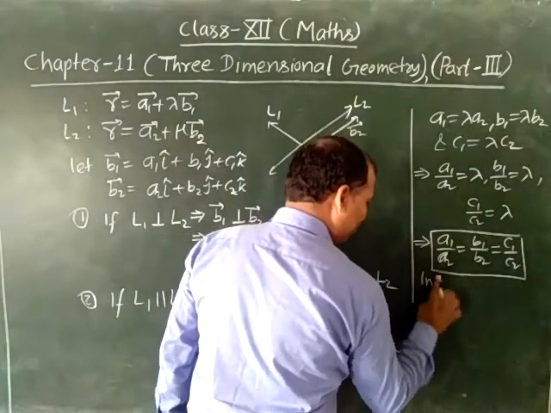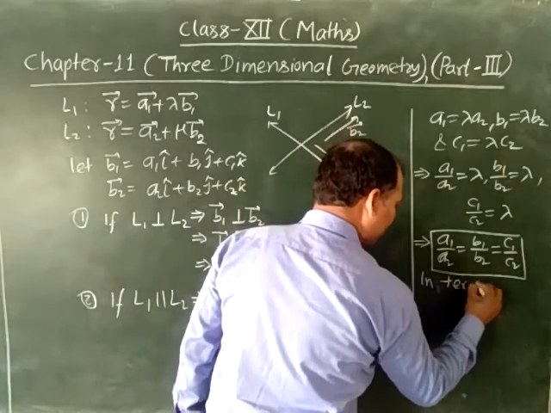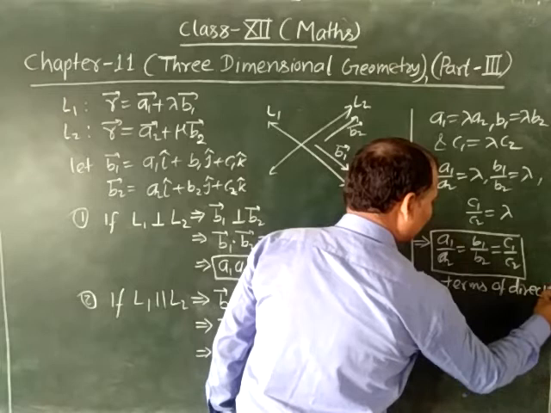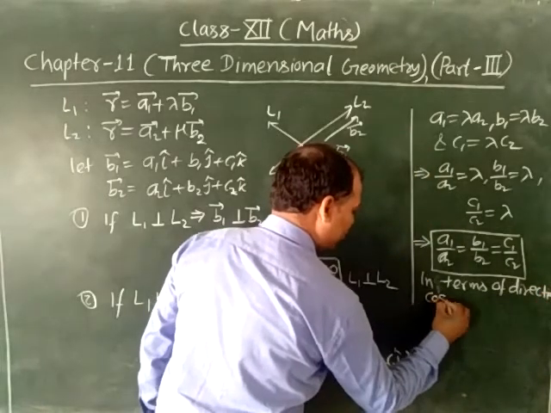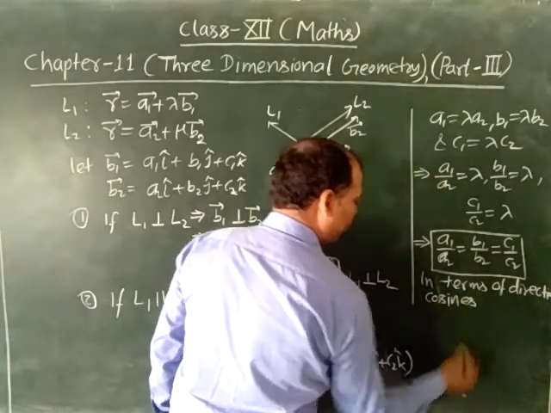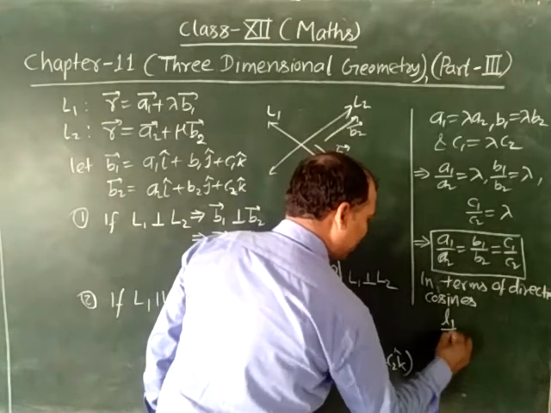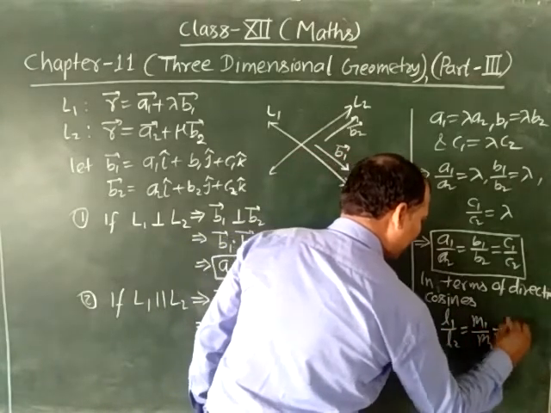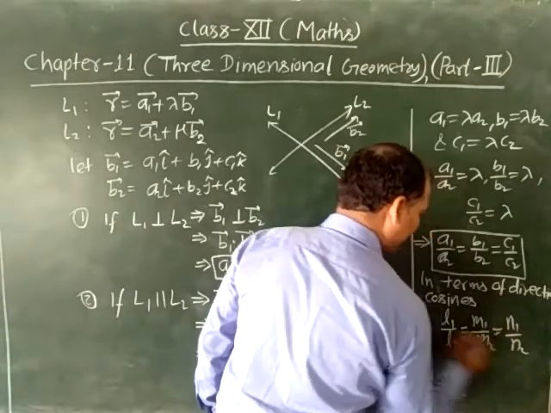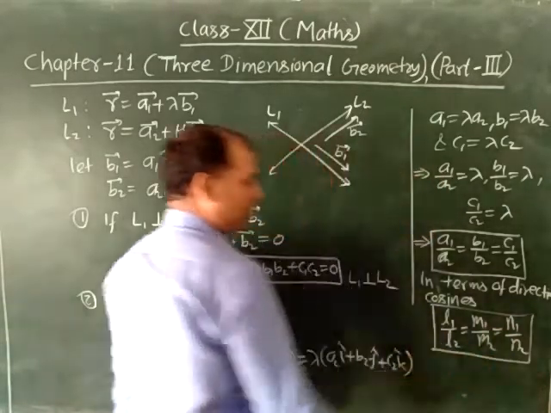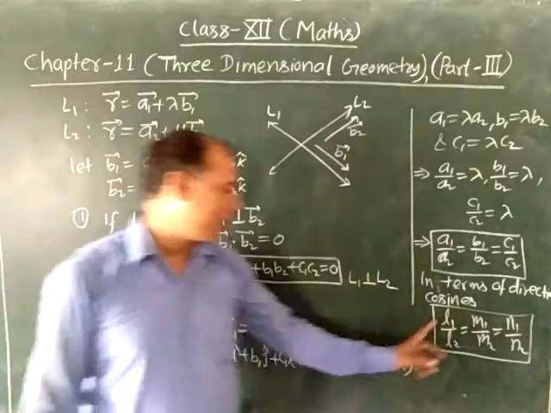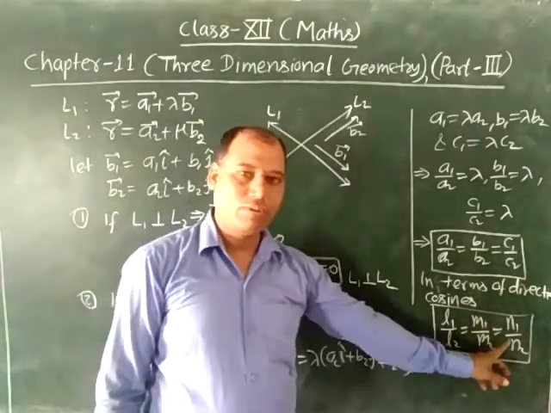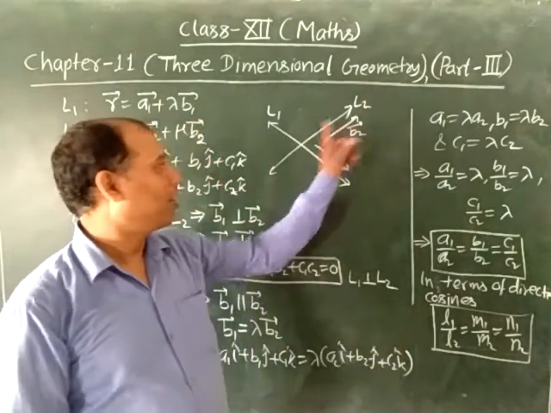In terms of direction cosines, we can write l1 by l2 equal to m1 by m2 equal to n1 by n2. Here l1, m1, n1 are the direction cosines of line L1 and l2, m2, n2 are the direction cosines of the line L2.